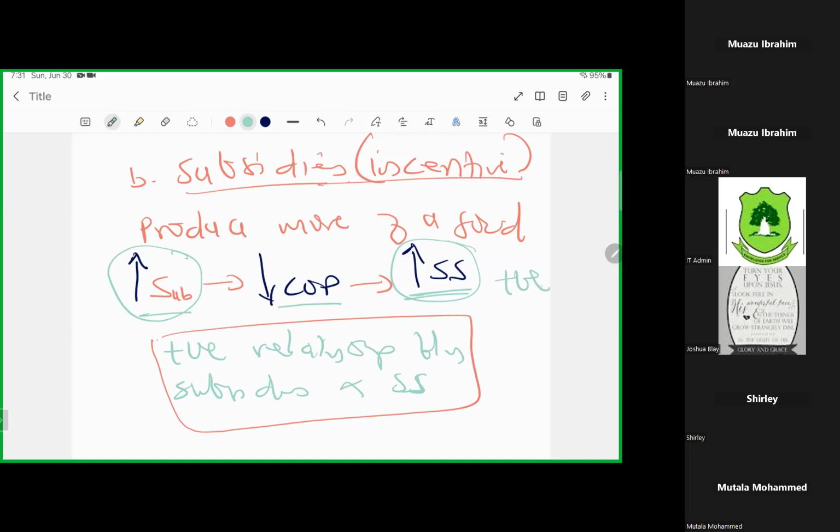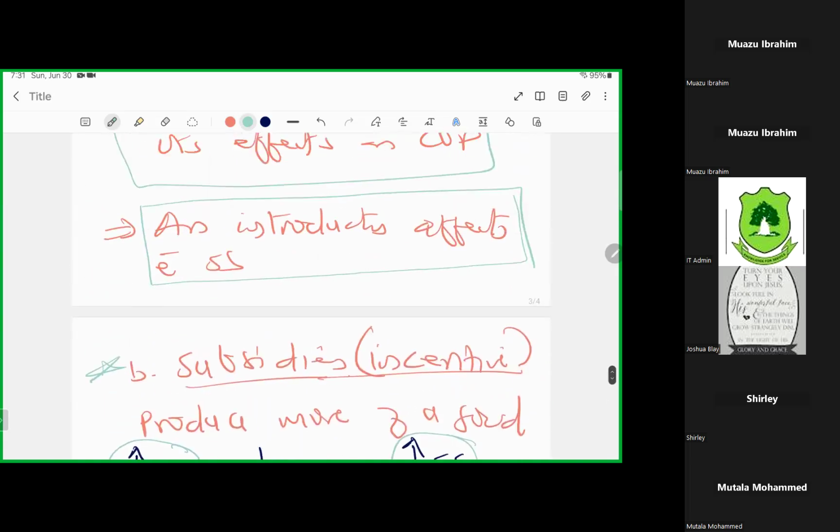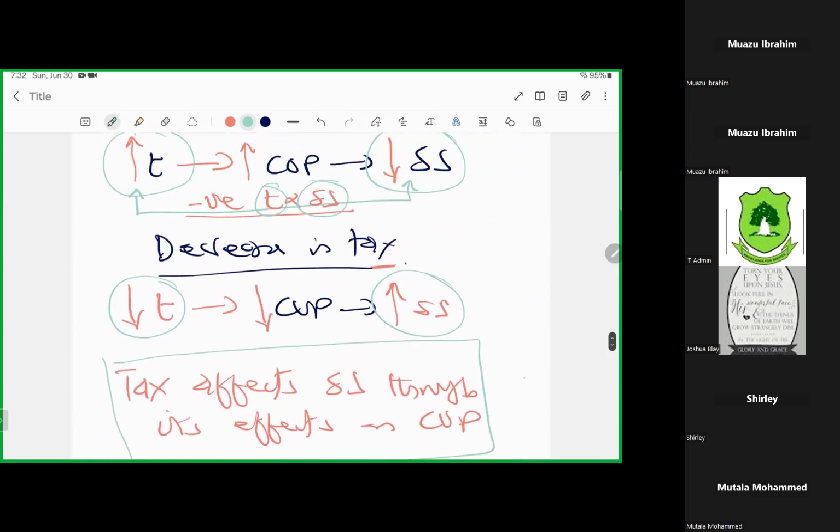So if government wants to increase supply, it can provide subsidies. And from the perspective of tax, if government wants to increase the supply of a particular good, it can also do that by reducing taxes on that good, so that the cost of production will fall for producers to produce more.